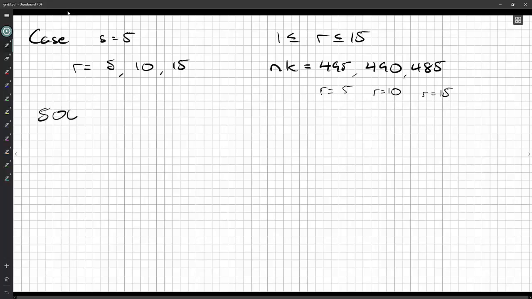Uh, 500 is nk plus R. I was about to say n needs to be a multiple of R, but that's not the case. So that can't help.